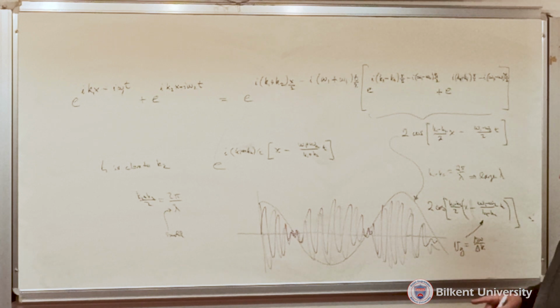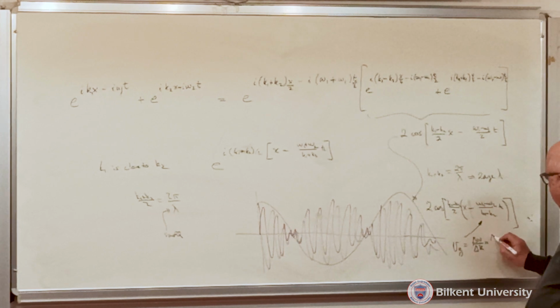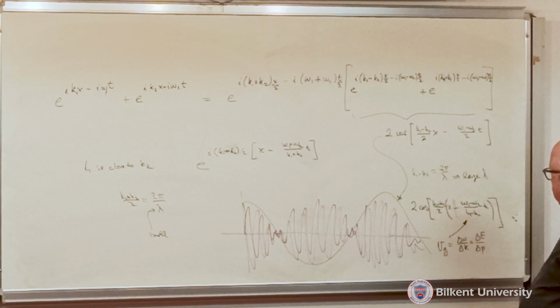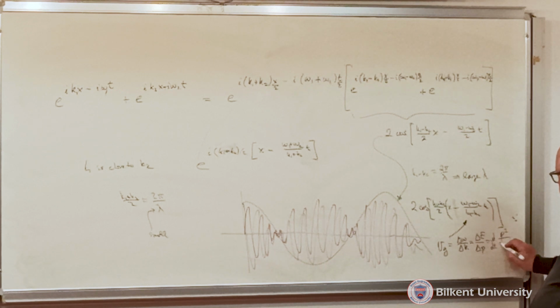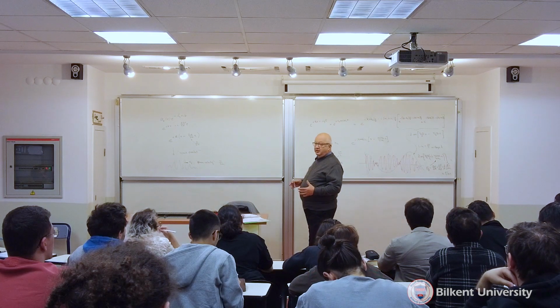Remember, if I multiply by h bar, it's going to be delta energy over delta p. So I can write this as d/dp of p squared over 2m, for which I end up with p over m. So I recover the classical velocity.